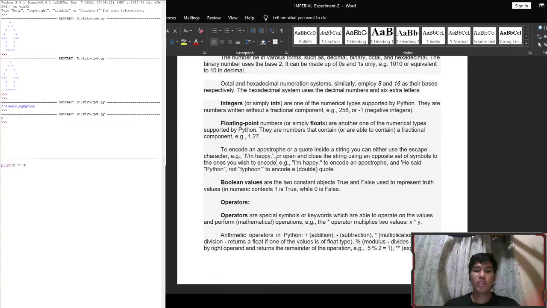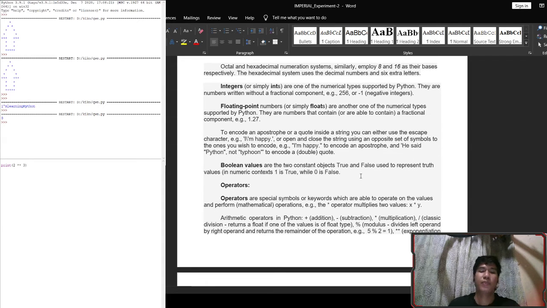Next, to encode an apostrophe or a quote inside a string, you can either use the escape character, for example, 'I\'m happy', or open and close the string using the opposite symbol of the one you wish to encode. E.g., "I'm happy" to encode an apostrophe, and 'he said "Python"' to encode a double quote.